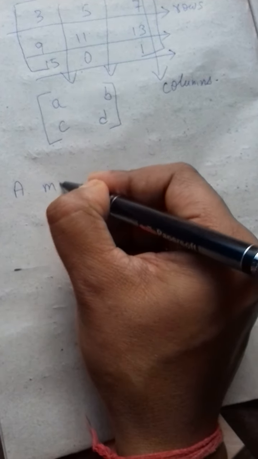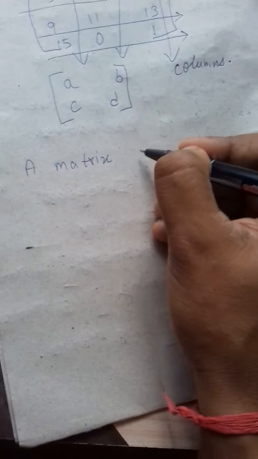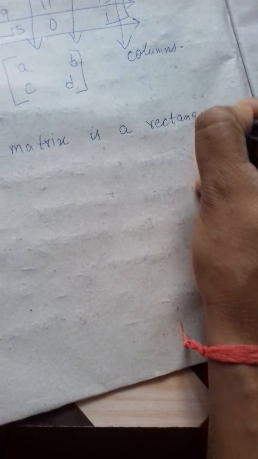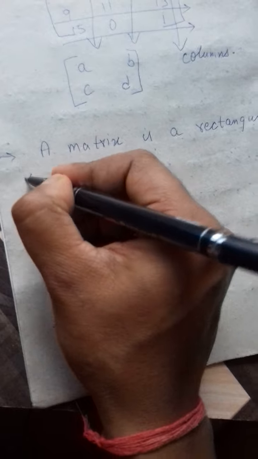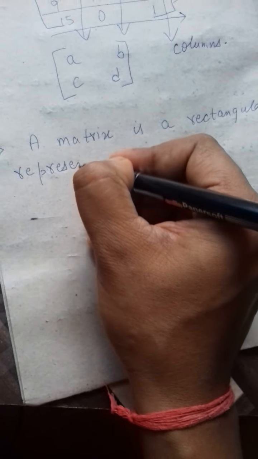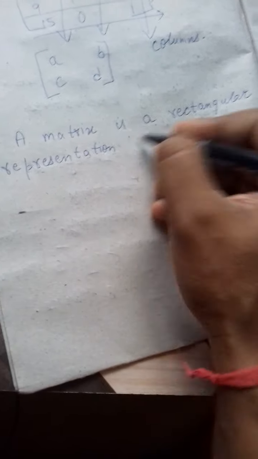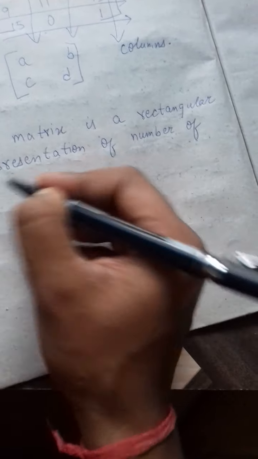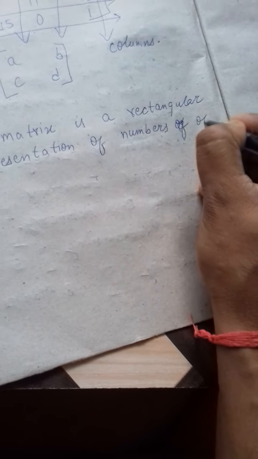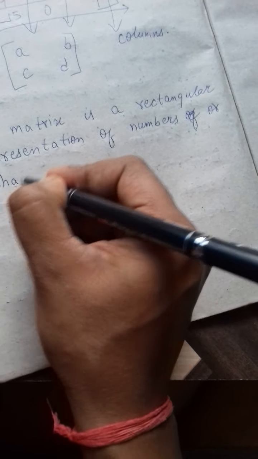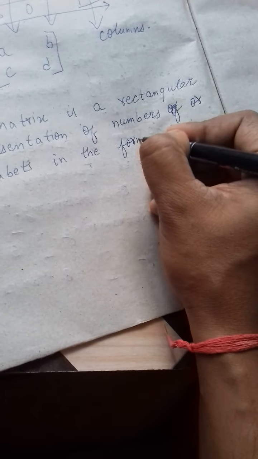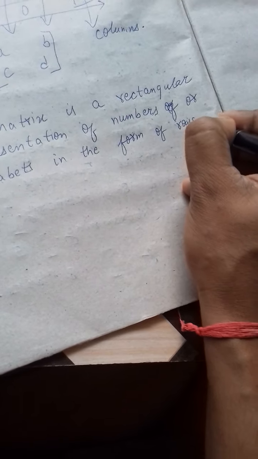So we can say that a matrix is a rectangular representation of numbers or alphabets in the form of rows and columns.